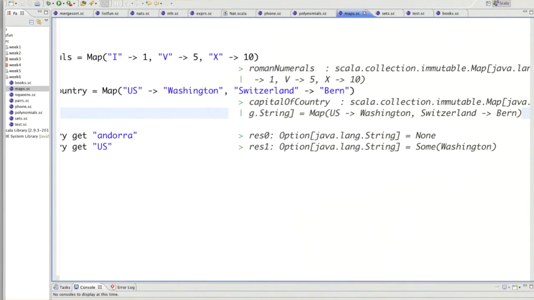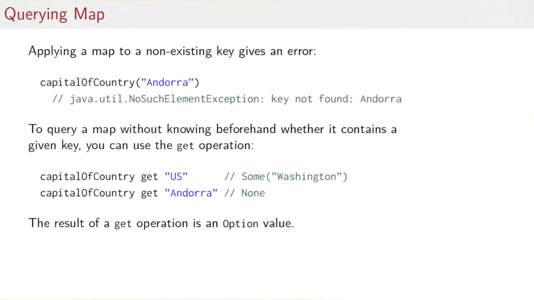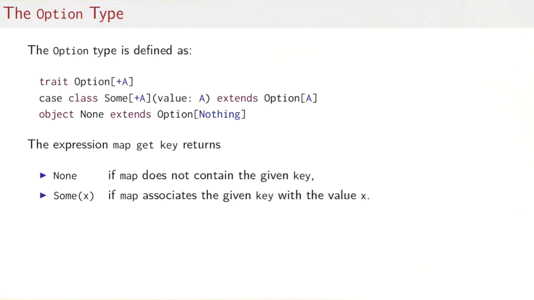So it's time to have a closer look at what these option values are. In fact, Option is another standard type in the Scala libraries. Here is its complete definition. Option is a trait. It has a type parameter, and there is one case class and one object that both extend it.